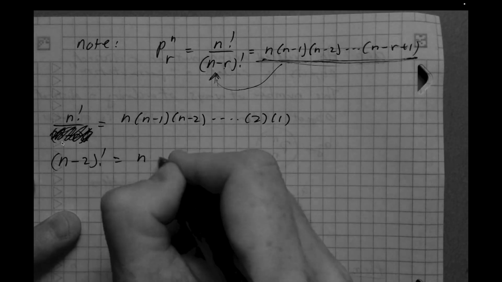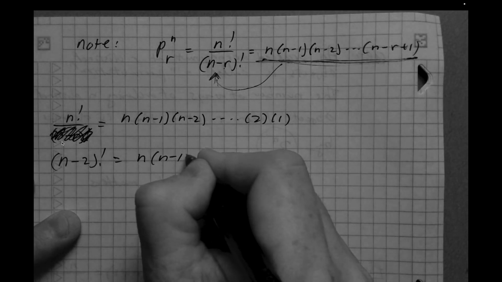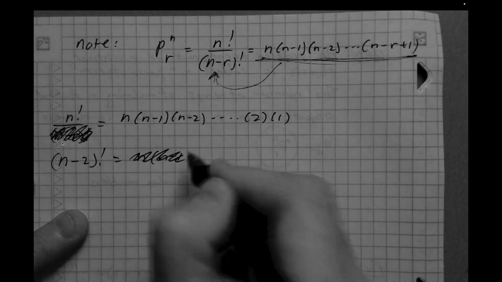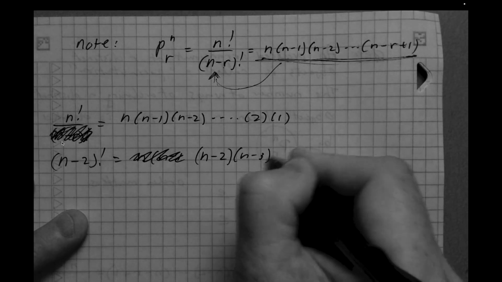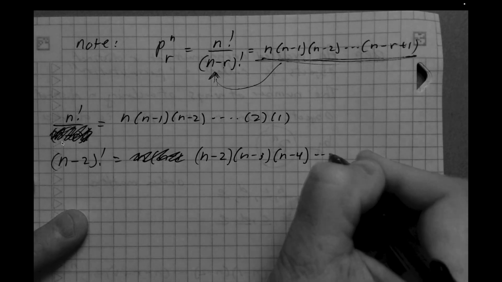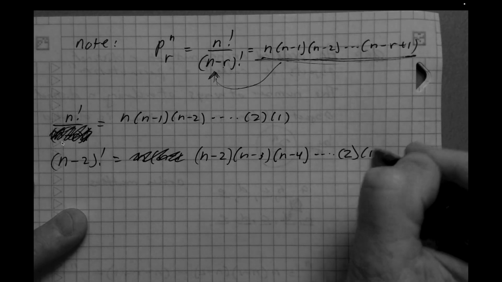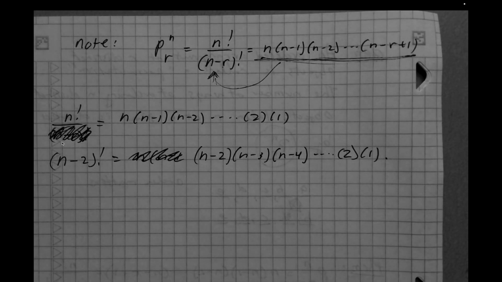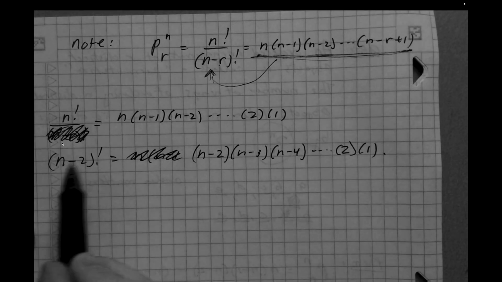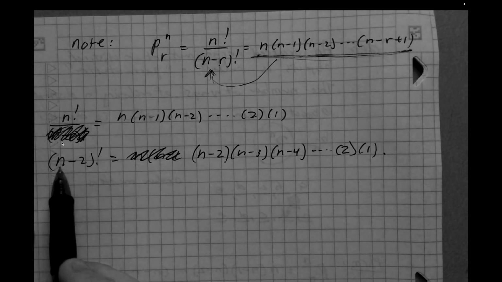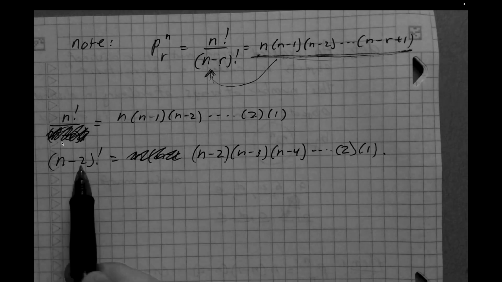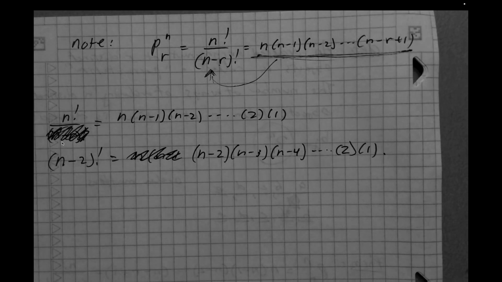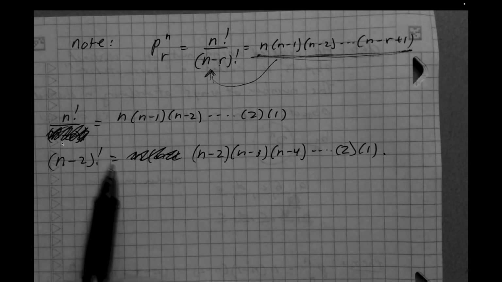Well, that's equal to n minus 2 times n minus 3 times n minus 4, all the way down to 2 times 1. So whatever integer this is, it's the product of all of the positive integers less than or equal to that number.